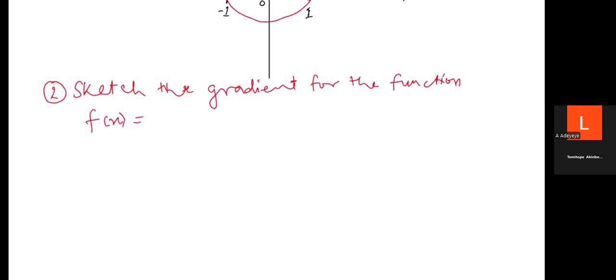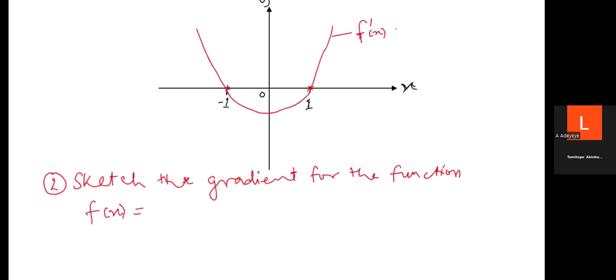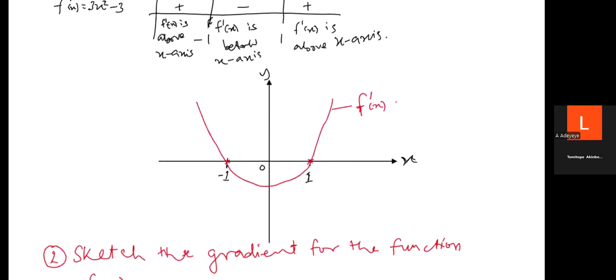You showed one that went up, down, up. Or was that just the F of X? That was f prime of x, the one I showed you from the graphing utility. Oh, okay. No, I understand now. Sorry, I got confused a bit. Can I move on?